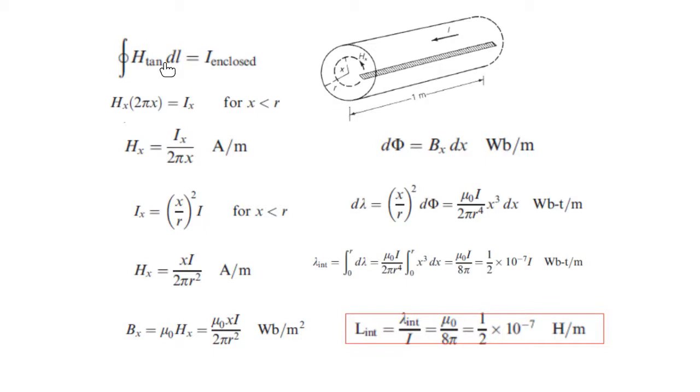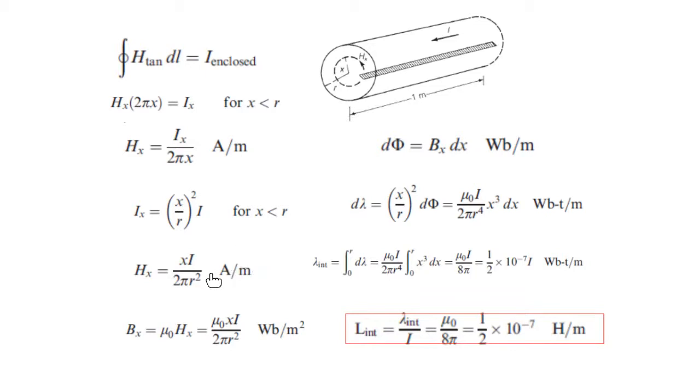From the magnetic field intensity, we can get the current. Current is around here. So we integrate the field intensity, we get the current. Field intensity, the unit is ampere per meter. You see, current per meter.